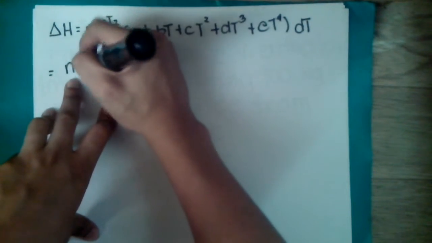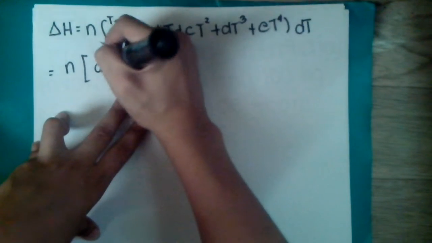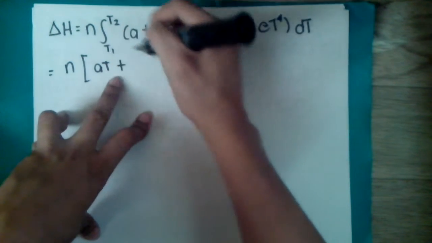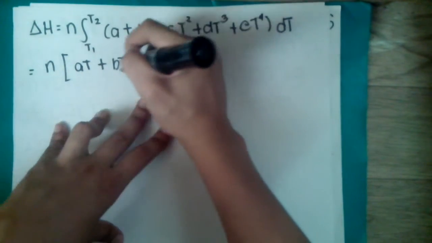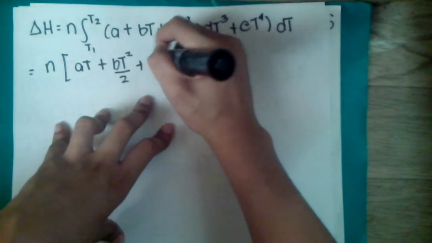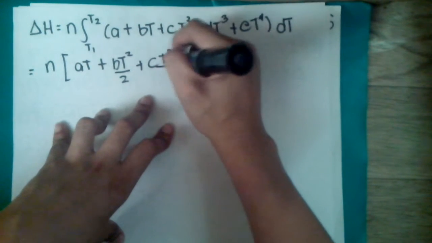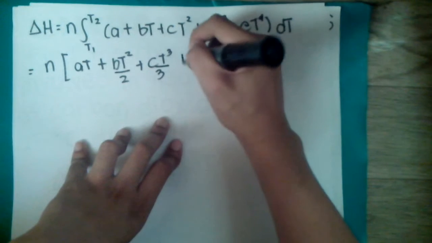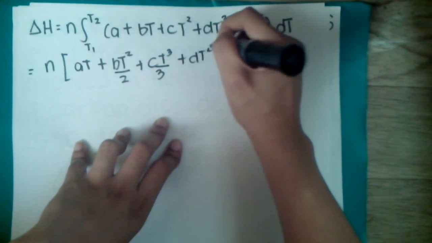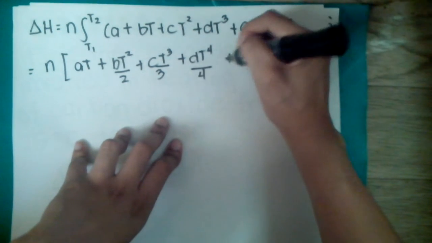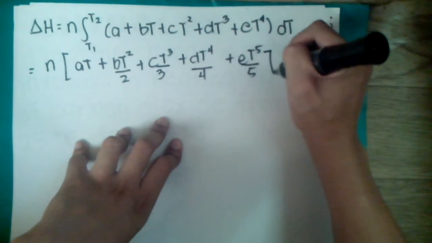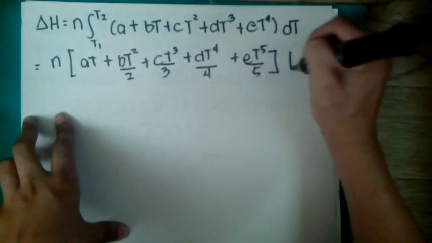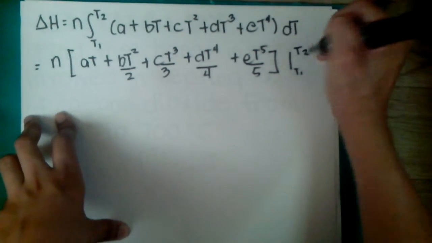That would give us the number of moles multiplied by AT plus BT squared over 2 plus CT cubed over 3 plus DT to the 4th over 4 plus ET to the 5th over 5, from T1 to T2.